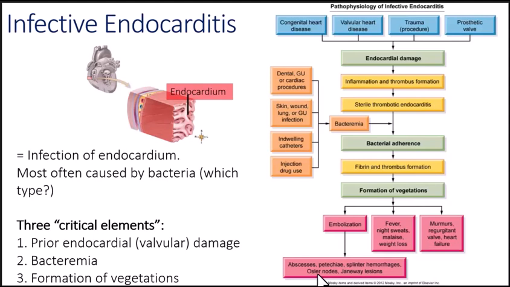So Osler nodes and Janeway lesions are, we can say, cutaneous manifestations, so relating to the skin, cutaneous manifestations of endocarditis, most commonly from a bacterial infection. And then depending on the degree of damage and how the heart is responding to this situation, there can be a variety of other clinical manifestations that can occur as well.